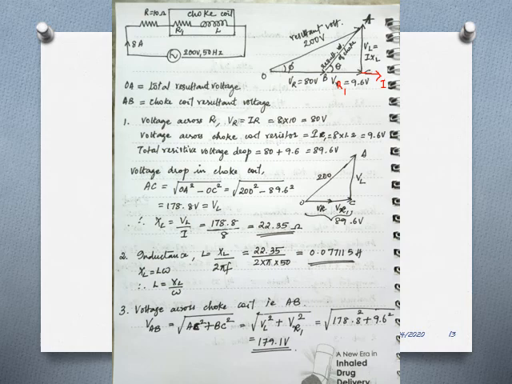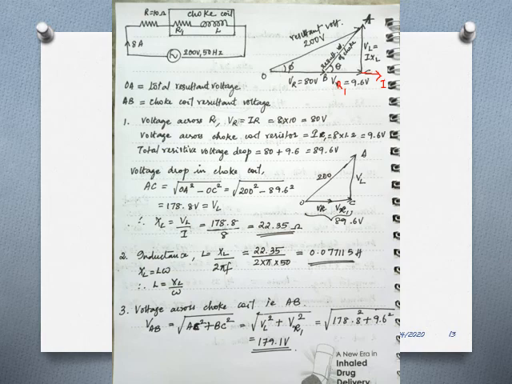Now the voltage drop across the choke coil. First you should find out the AC term. AC is equal to square root of OA square minus OC square.